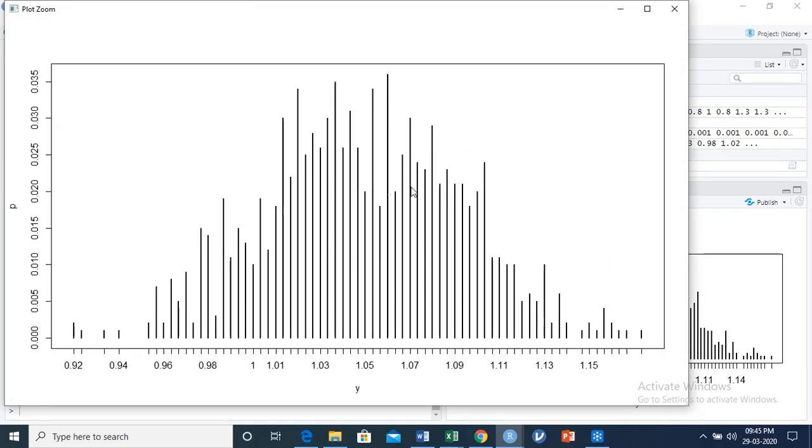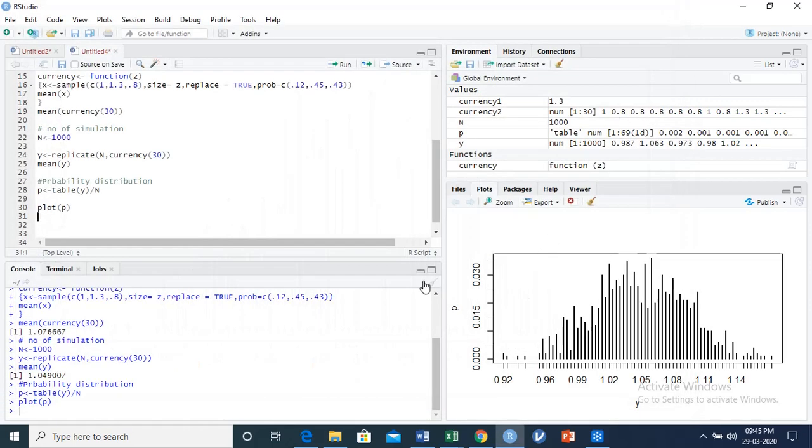So this is the probability distribution, and see, the probability is high for currency appreciation. So one can expect currency appreciation in the near future, in the next 1 month, and the expectation of currency appreciation for this example is correct. Thank you.